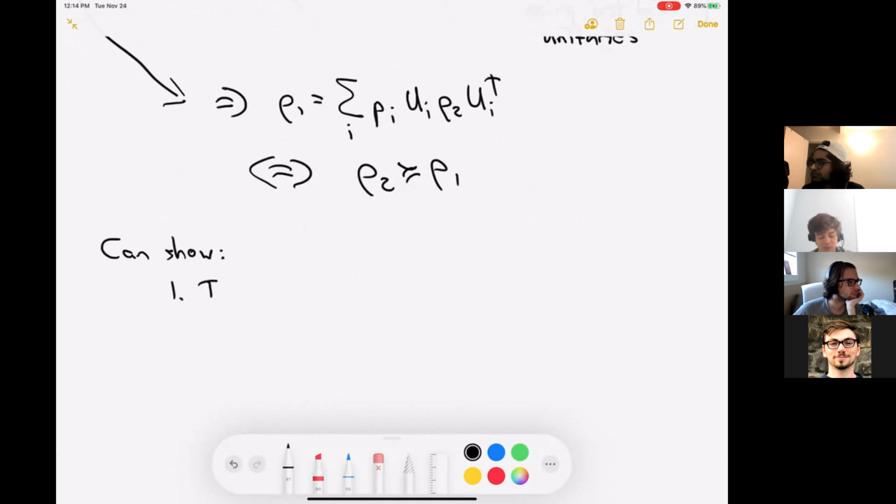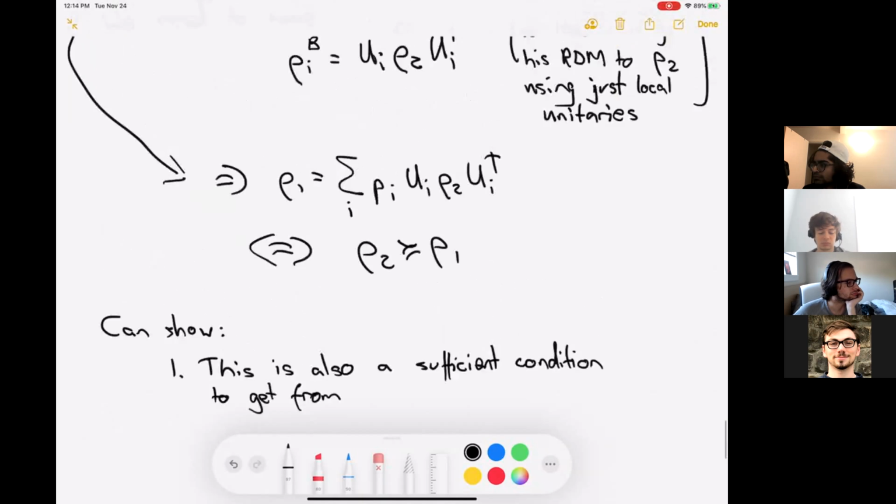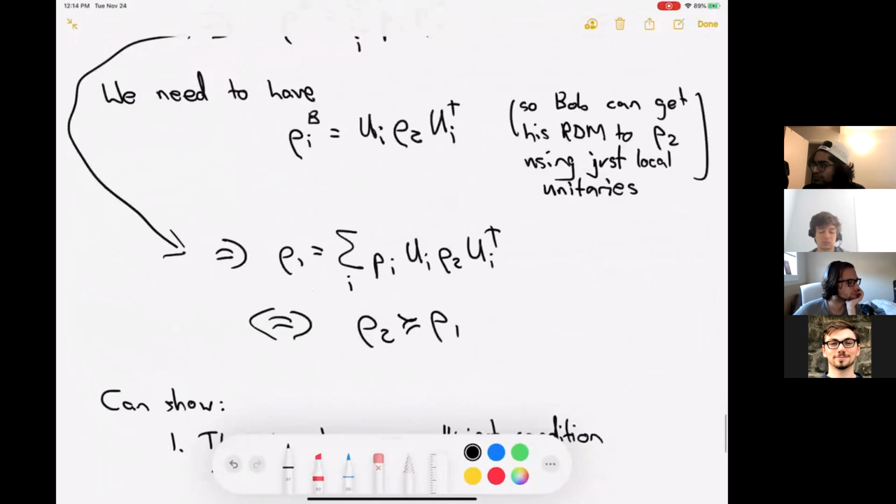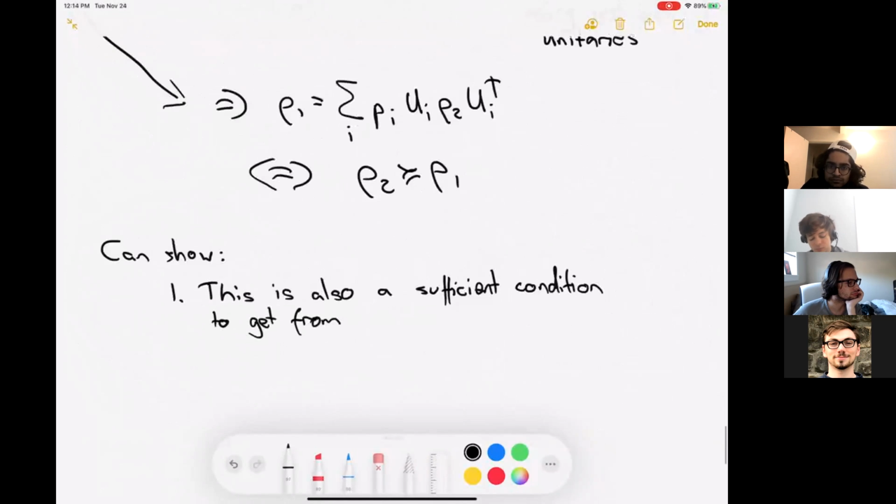The first is that this is also a sufficient condition to get from rho 1 to Ui rho 2 Ui dagger using a single measurement.